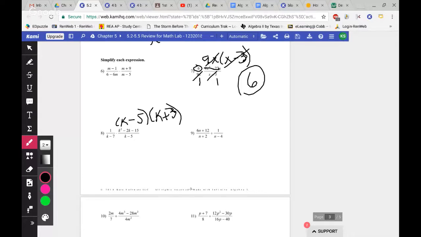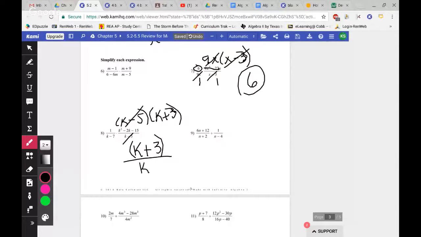Okay, so what can we cancel here? Any guesses? Awesome. K minus 5. Good job, guys. Okay, so then that leaves us with 1 times k plus 3 for the top, and then k minus 7 times 1.